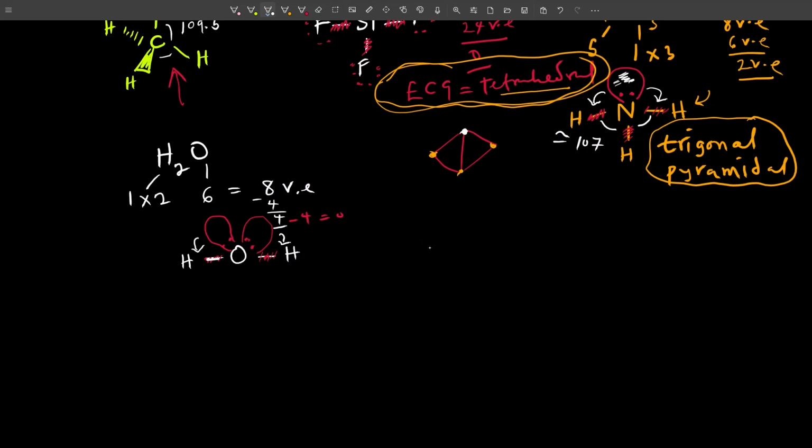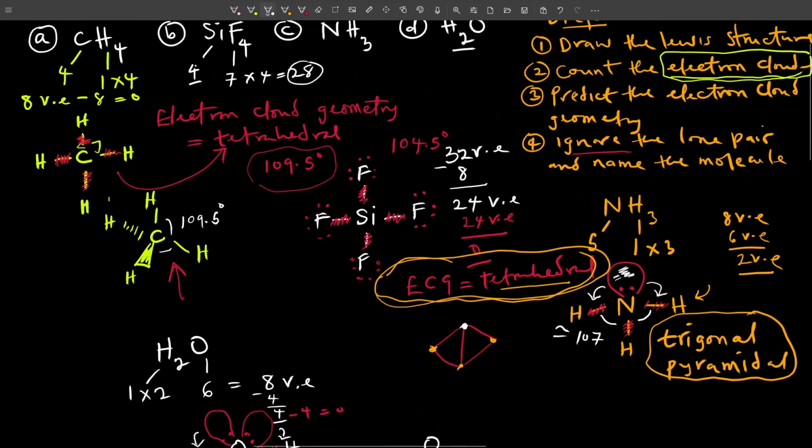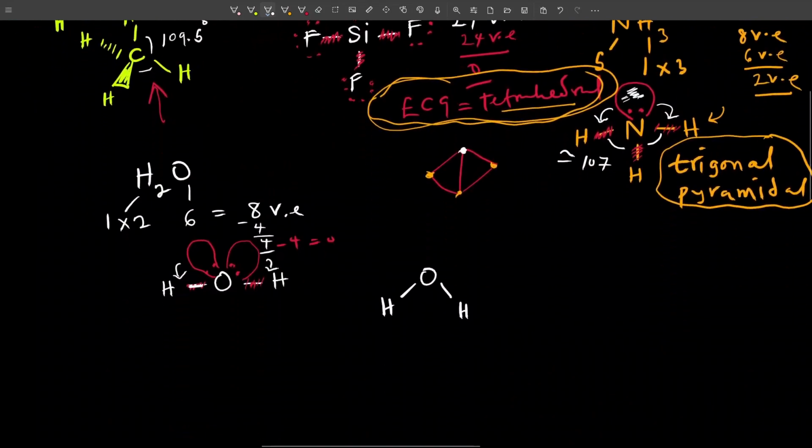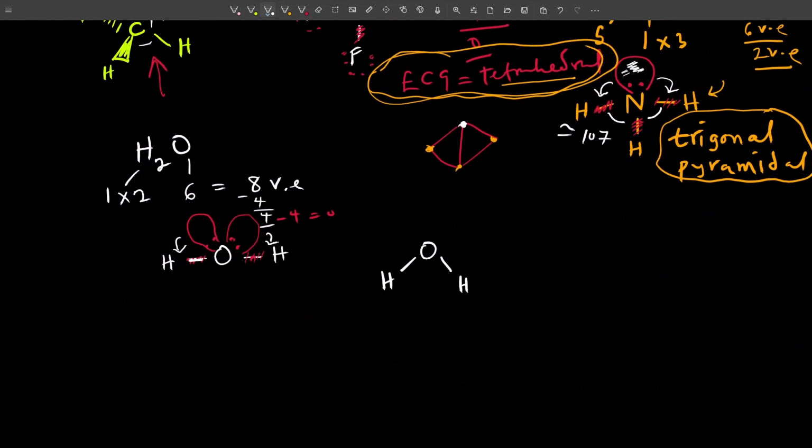So let me redraw this the right way. Show something like this. Now, because the bond angle has reduced, 109.5 has reduced to around 104.5 degrees. Okay, so here we have our 2 lone pairs of electrons.